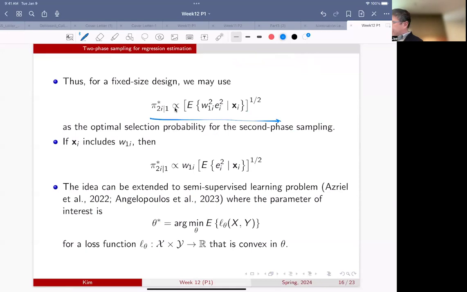If the first order inclusion probability, the weight, is proportional to xi, then this k is just a constant and can go outside, so you get this one as the optimal weight.